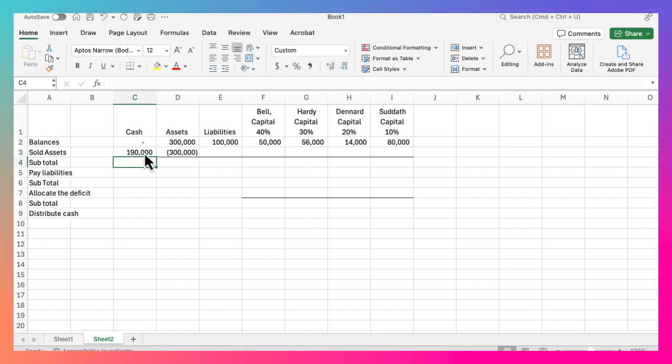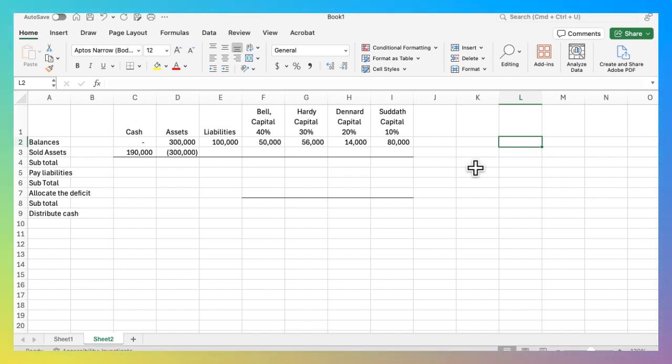We're just going to use the appraiser's valuation. Now, remember, first thing we have to do is sell all the non-cash assets, which we just did here, and then any gain or loss gets allocated to the partners. So let's figure out how we are going to do this. First thing is we have to figure out what our loss is.